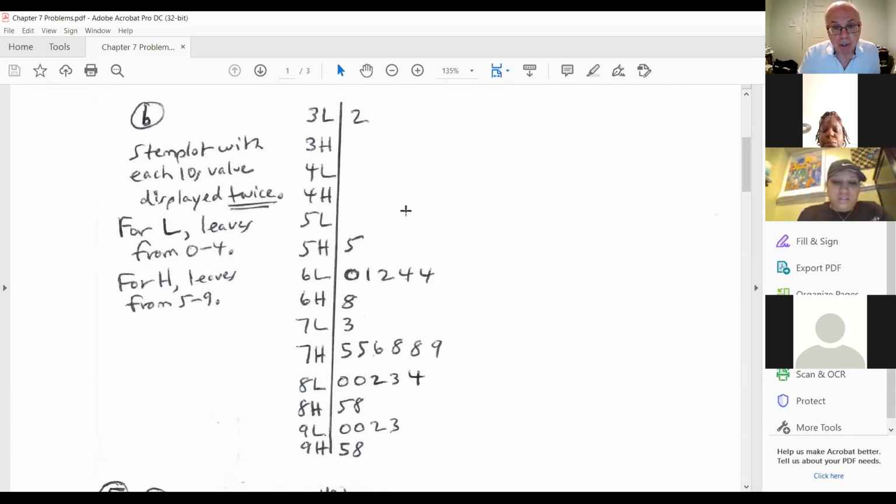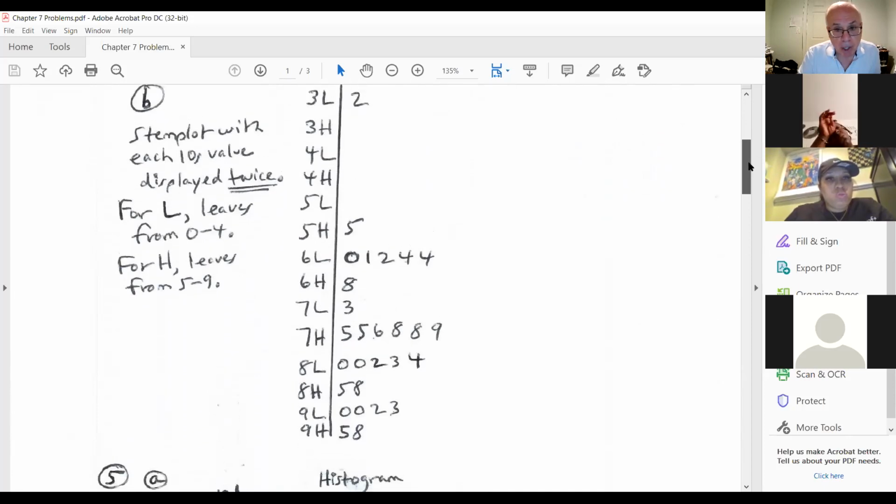The advantage of doing it this way was that you could see that the 32 is much away from all of the other values in the data set. So it looks like an outlier at least. Okay. Let's go back to the book. So that's what I did for number 4.